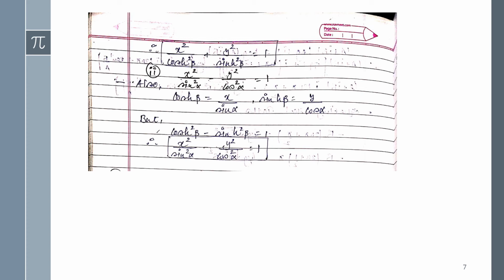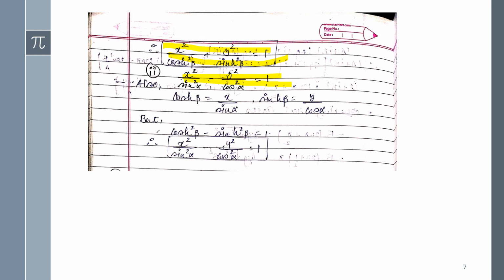Just putting these values, you can get this answer finally. And now the second condition is given, x square upon sin square alpha minus y square upon cos square alpha equals 1. This one you are going to prove now.